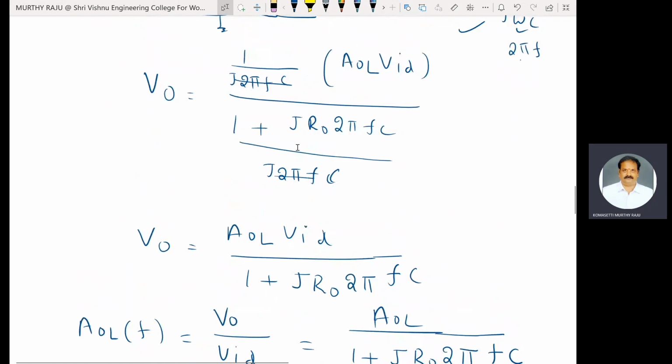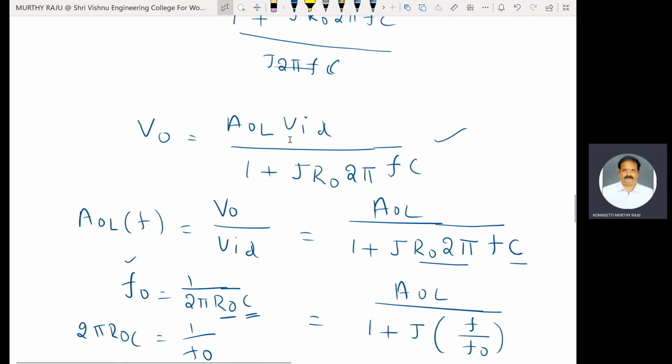Next, simplification. V0 is equal to AOL VID, j 2 pi f C terms are cancelled. Therefore finally AOL VID by 1 plus j R0 2 pi f C. Open loop gain of an amplifier as a function of f is equal to V0 by VID.